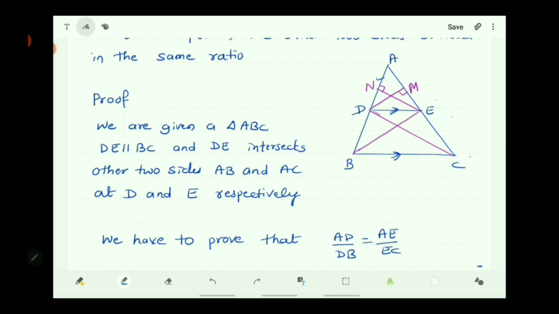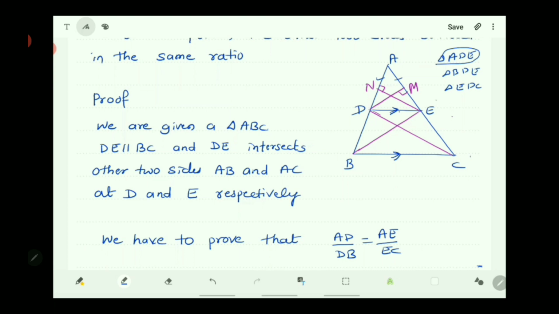Here you consider triangle ADE, triangle BDE and also triangle EDC.